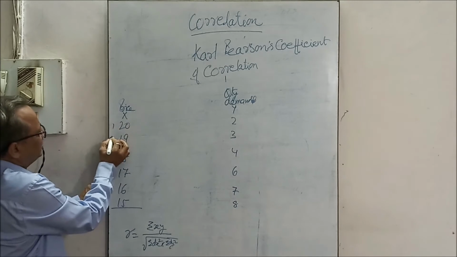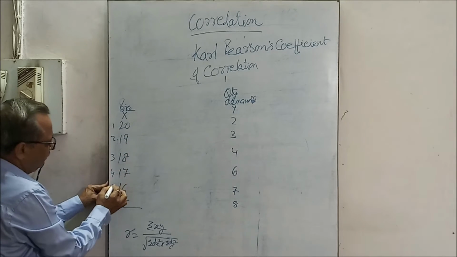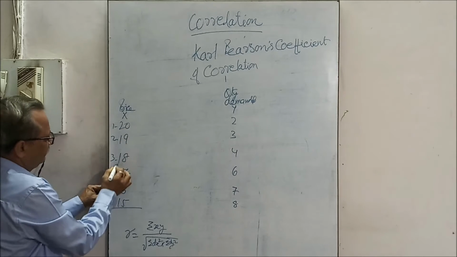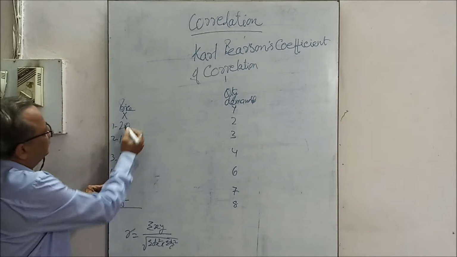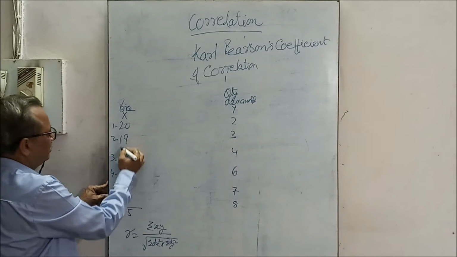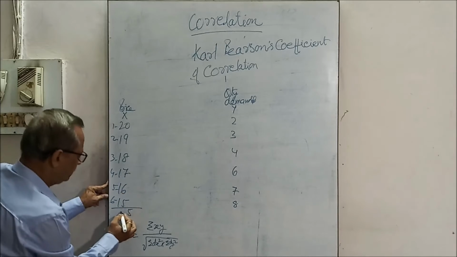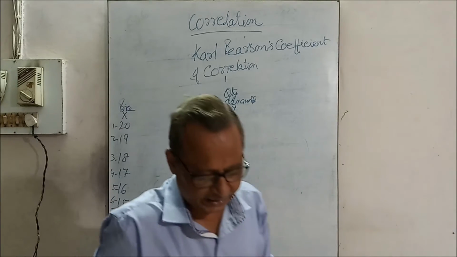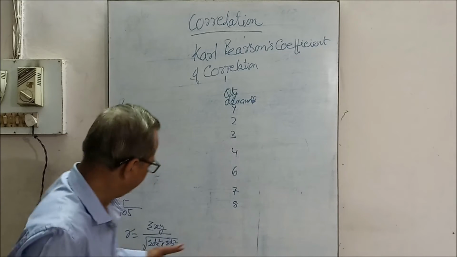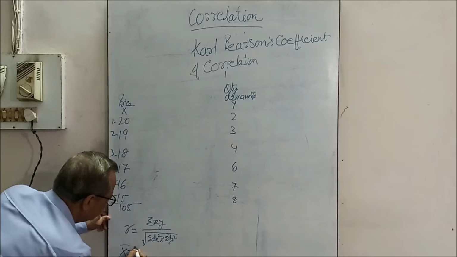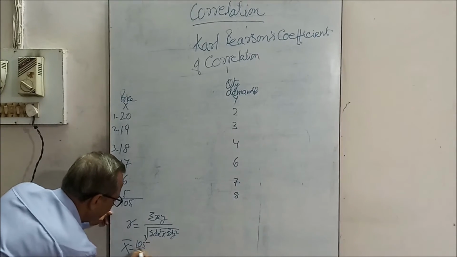Total 6 items, total is 105. Find the x bar, upon 6.